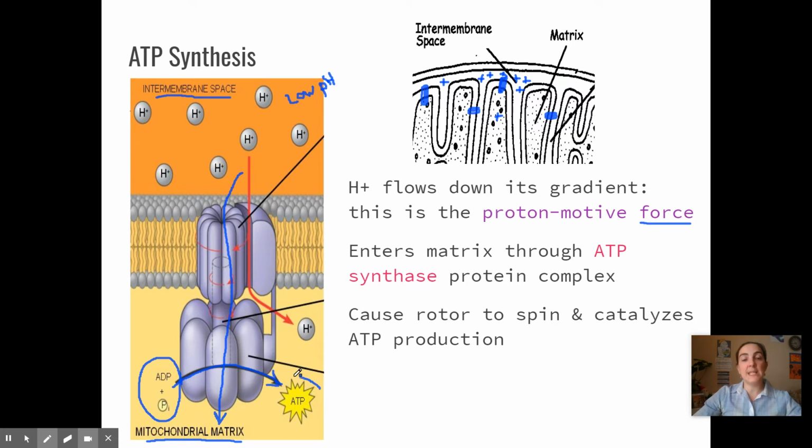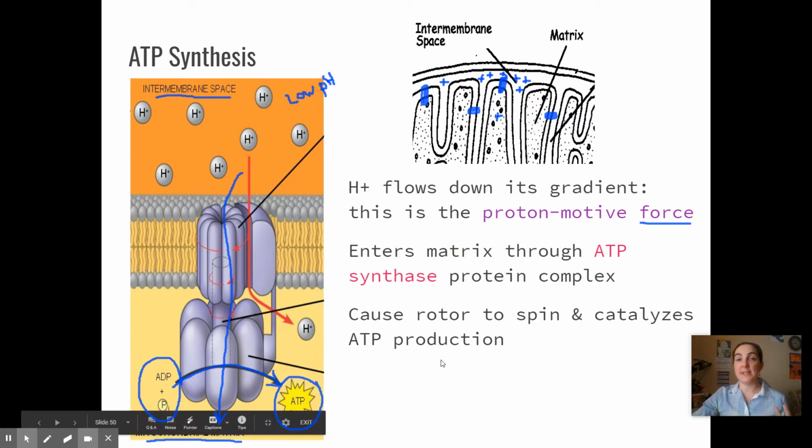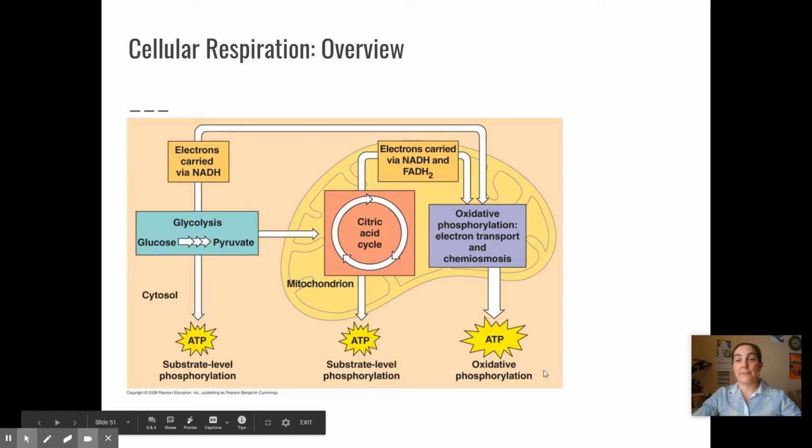This is a little ATP making machine that is powered by the flow of hydrogen ions down their concentration gradient. So that's what happens at the very end of this process. That's how we actually make ATP, by the diffusion of hydrogen through ATP synthase. So ATP synthase makes the ATP.